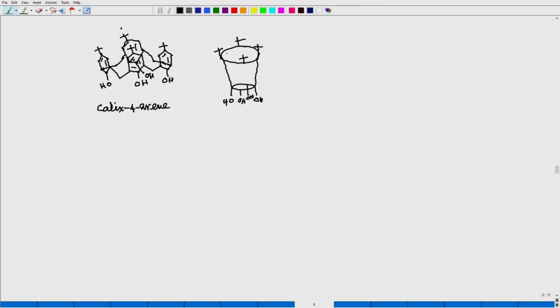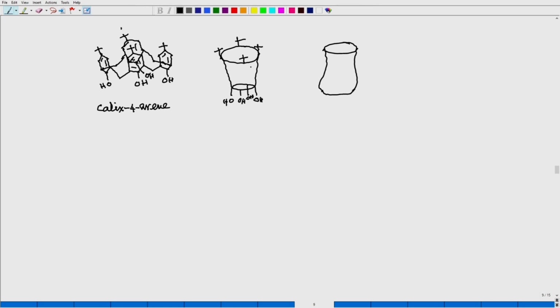and this part looks like a flower vase. Here is a flower vase. I will draw the flower vase also. Okay, it is a flower vase.